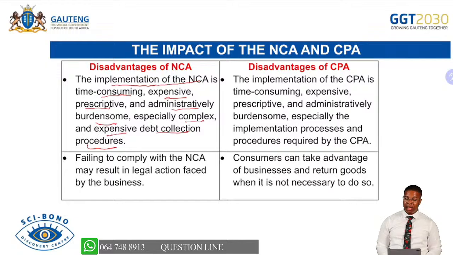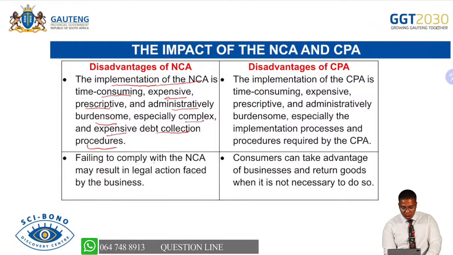So that becomes a negative, to say, should a consumer now owe you, or should one of your debtors not pay on time, you cannot do some of the actions that will fast track the process of collecting the debt. So that becomes now a disadvantage for the business, because anything that wastes time, that wastes money, is considered to be a disadvantage for the business.